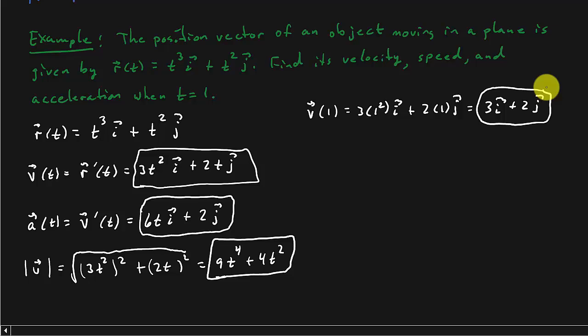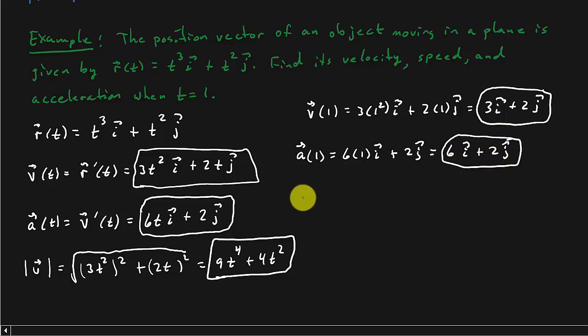And there you have it. Okay, and then the acceleration at time t equals 1, we're going to plug 1 into there, so that's 6 times 1 times vector i plus 2 times vector j, which is 6 times vector i plus 2 times vector j.